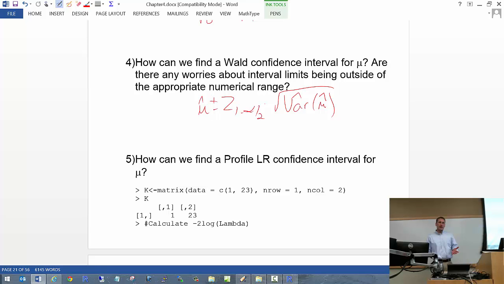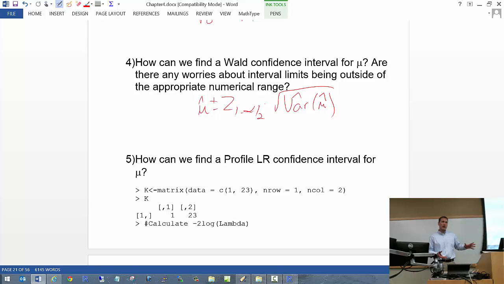One could get then that estimated variance from the predict function. Remember how we did it in R? Use se = TRUE. I'll show how to do that in my program. But is there a potential problem here? Yes. This interval, the lower bound, could potentially be less than 0.